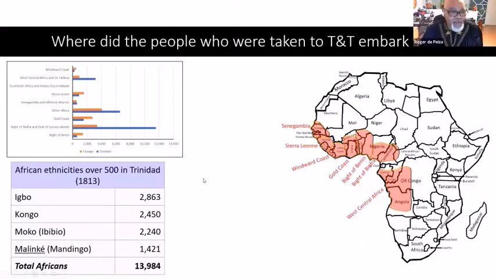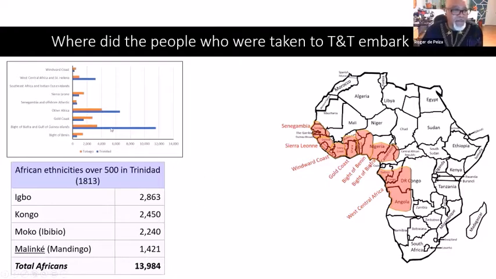But before we do that, let's look at the Trinidad situation. People from Trinidad basically were Igbo, Congo, Ibibio, and Mandingo people, at least in 1813. This was the statistics I was able to find.